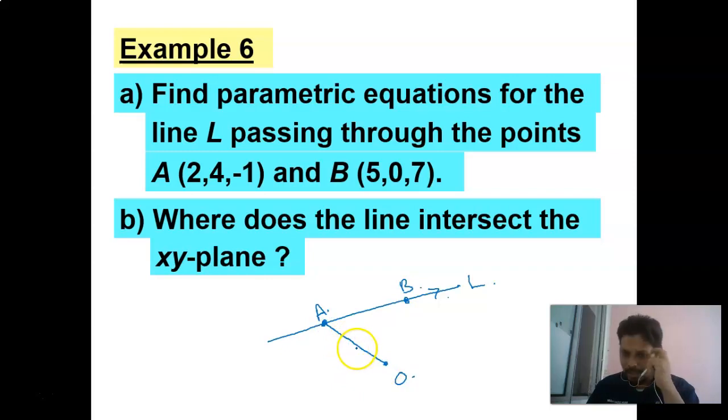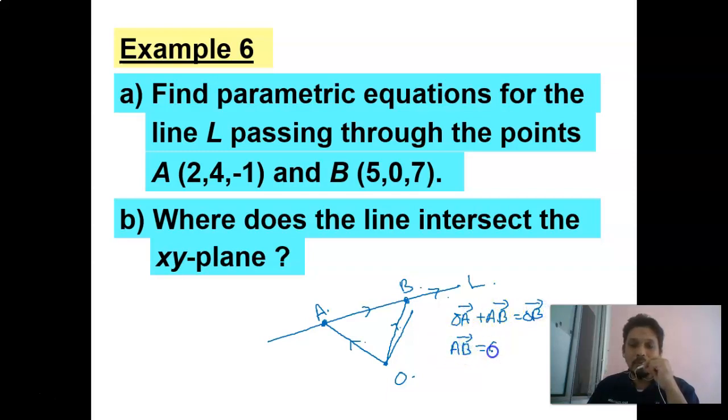As we discussed earlier in the subtopic of straight lines, from O to A plus A to B equals OB, and then AB equals OB minus OA. We learned this before.